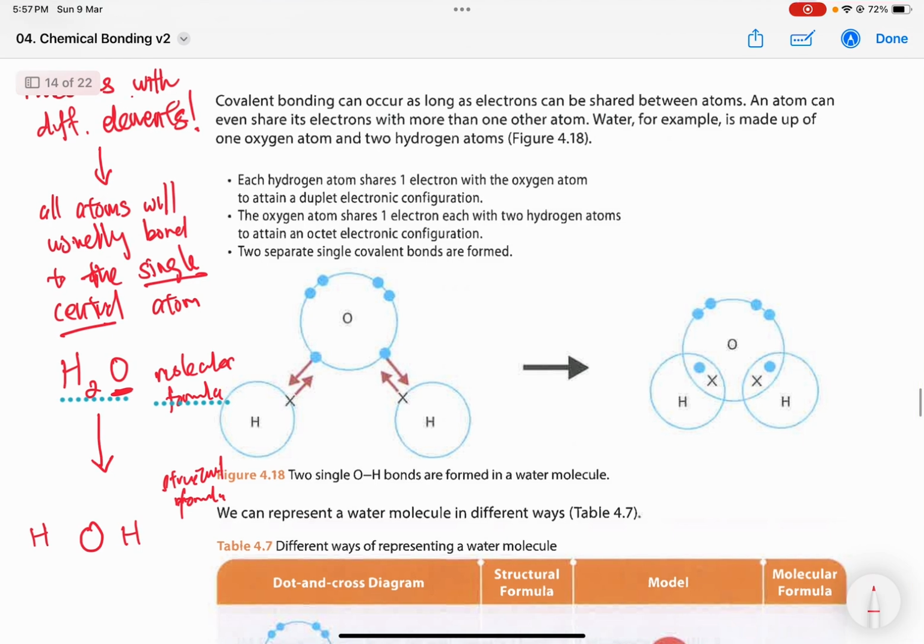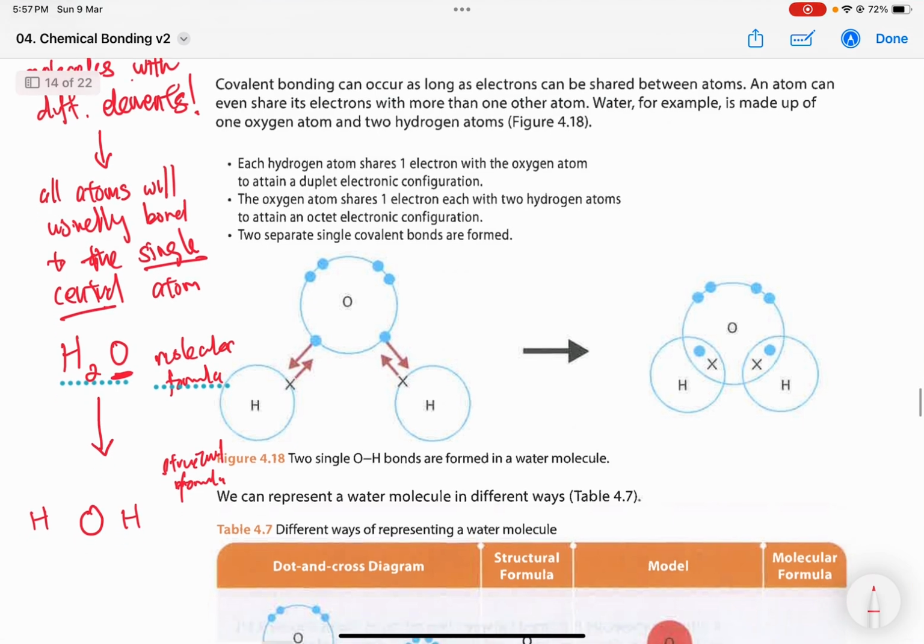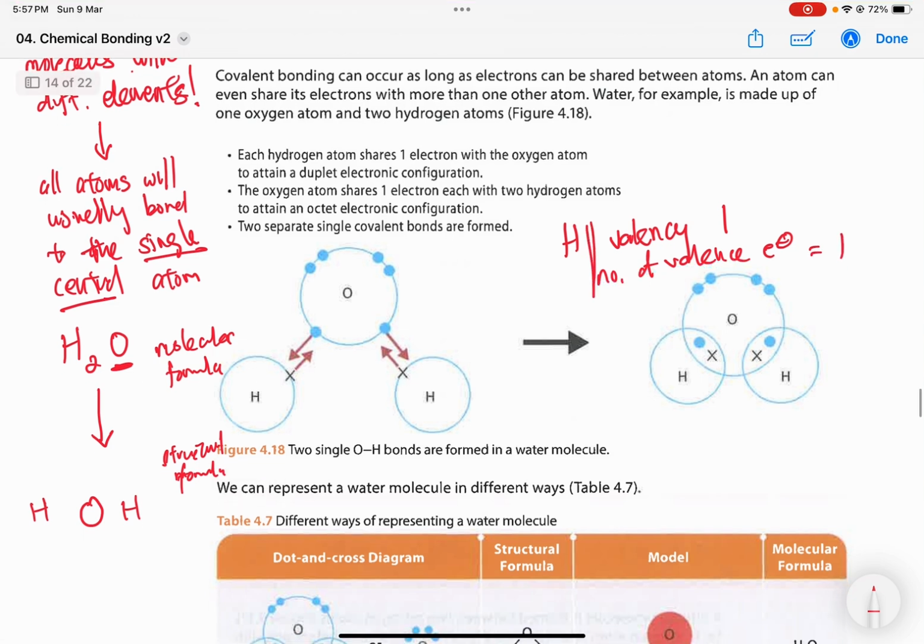Now, in terms of valency, I need to take note. For H, the valency is 1. The number of valence electrons is also equal to 1. So let's go for this. I will normally not do the central atom first. I will do the surrounding atoms. So H will form 1 bond, and it will only bond to the central atom.